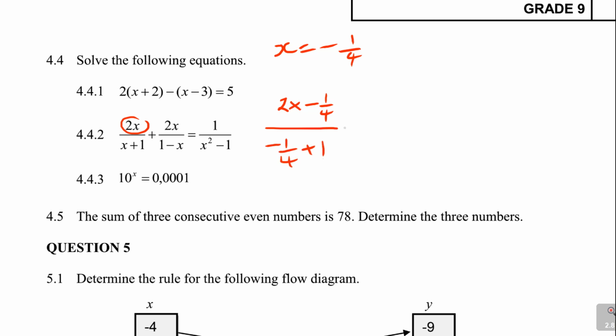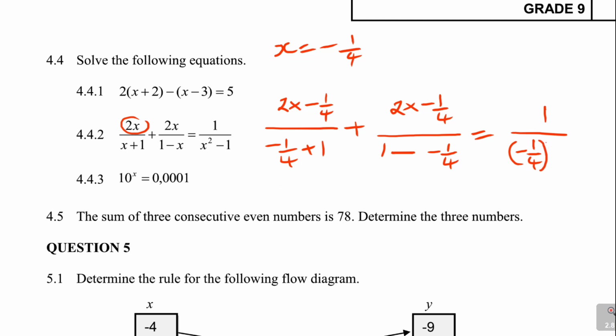You see what I'm doing? Plus 2x again. 2x means times negative 1 over 4. See that? Over 1 minus, but you see there is this minus and there is minus 1 over 4 of my answer. It says this must be equal to 1 over, now x squared, put a bracket and say minus 1 over 4 squared. You see how we do it?